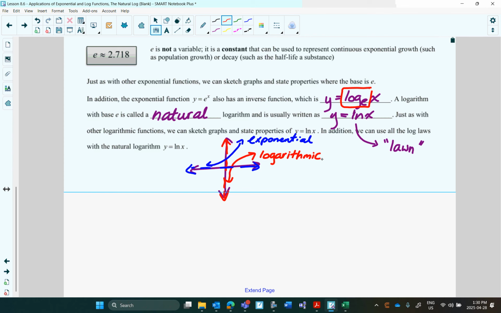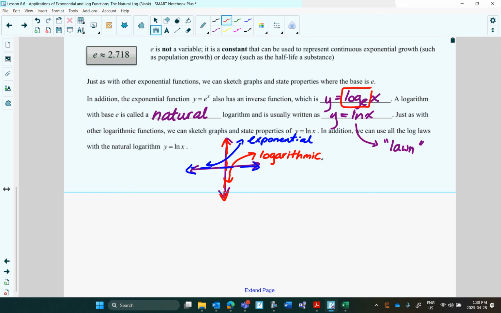So log e of x, or ln x, would look something like that. How would we find it? We would go, if x is 1, we find the ln of 1, which is 0. And then if x is 2, we find the ln of 2.